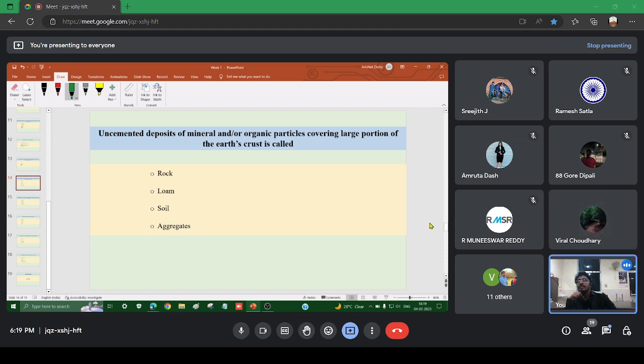So what is the size limit of coarse aggregate then? 80 mm to 4.75 mm. Okay, and fine aggregates? Up to 4.75 mm up to 75 microns. When you say aggregates, do you include clay in it, silt in it, or just sand? Sir, just sand. Okay.